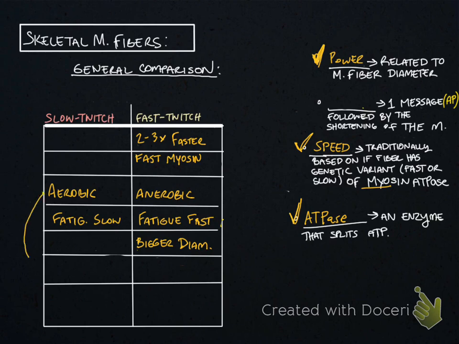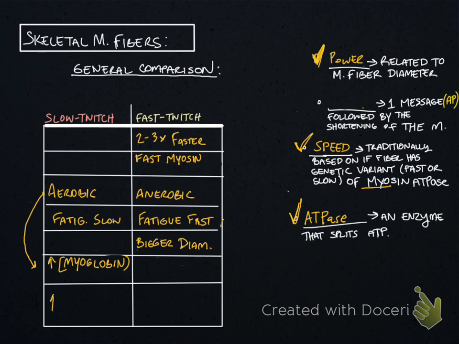Talking again about cellular respiration, slow twitch fibers have a higher concentration of myoglobin. And if you remember, myoglobin is basically muscle's version of hemoglobin. It likes O2, so it helps to store O2 within the muscle.